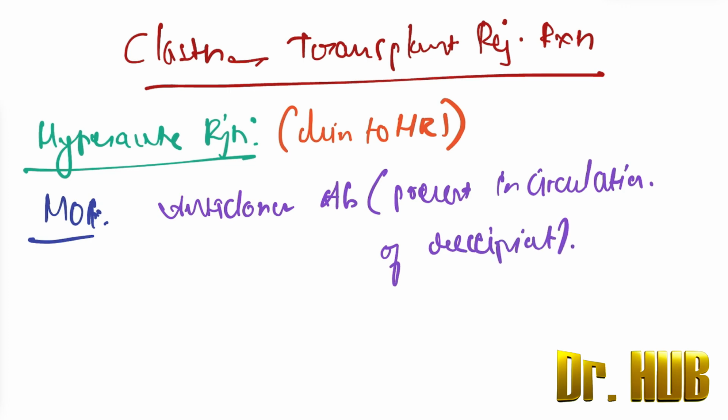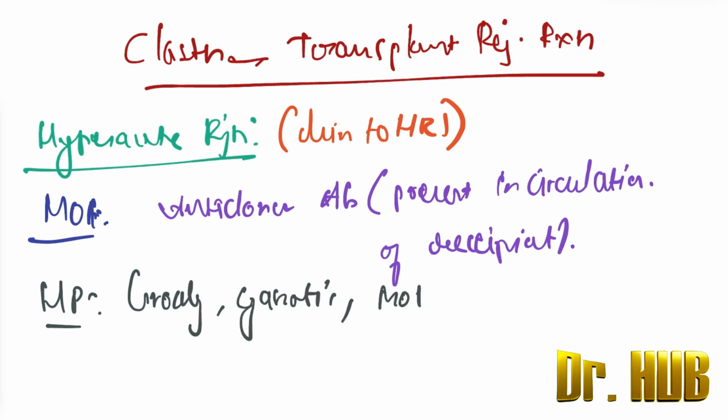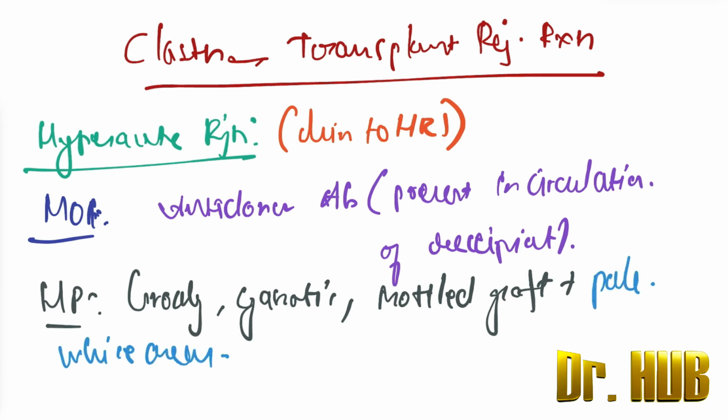Then we look at the histopath examination. Grossly, it is a cyanotic as well as mottled graft, and this is associated with pale white areas.